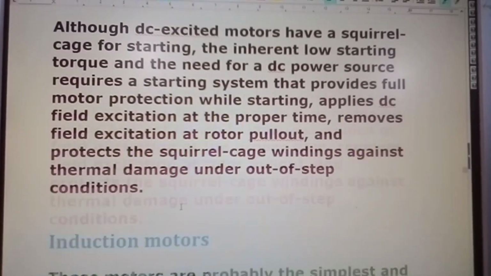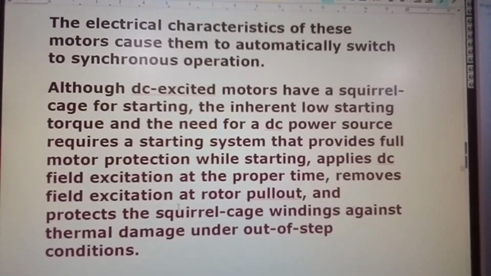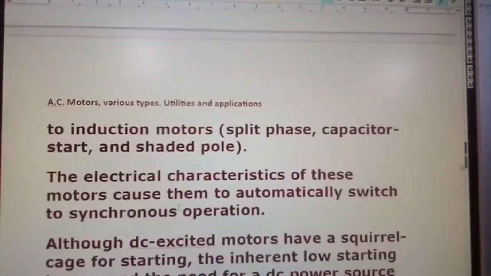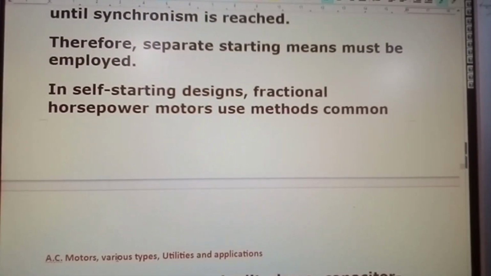Okay, so what I'm going to do now, I'm going to stop there. Let me just go back up. And this is without me talking now.